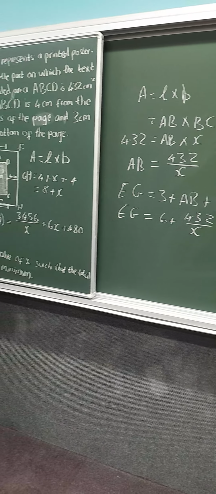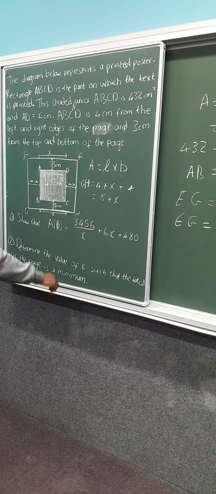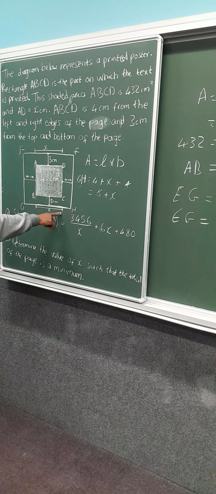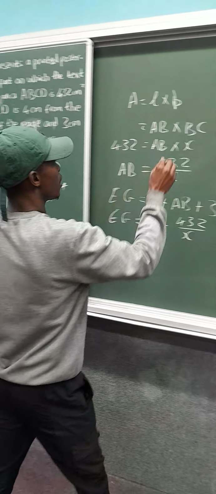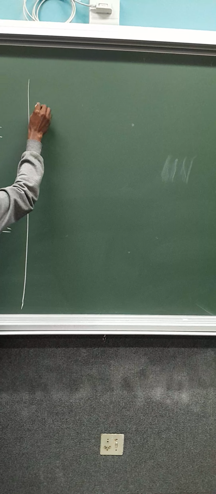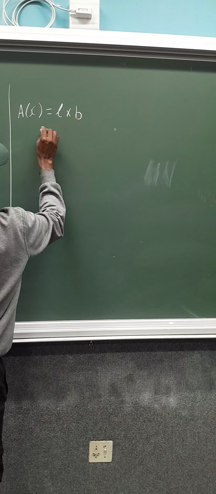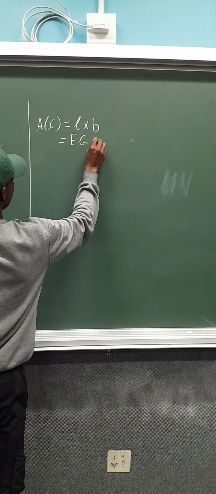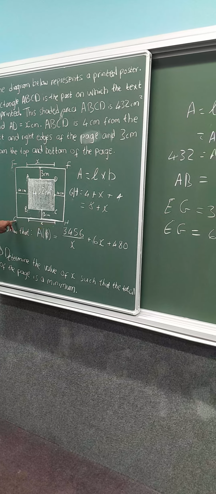Now we are going to find the area of rectangle EFGH. To find the area again, it's length multiplied by breadth. Remember that we have the length of GH, which is 4, plus BC, which was x, plus 4, which is going to give us 8 plus x. So the area with respect to x is length multiplied by breadth. Our length is EG and our breadth is GH.